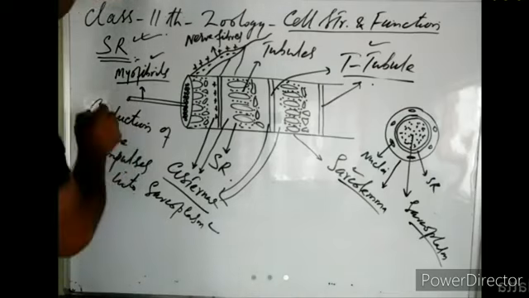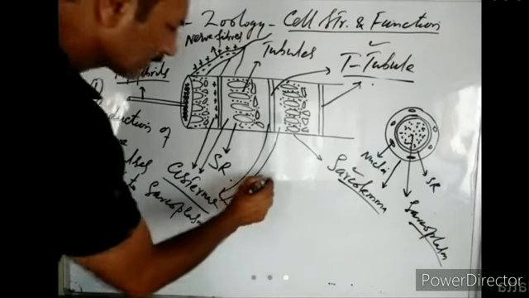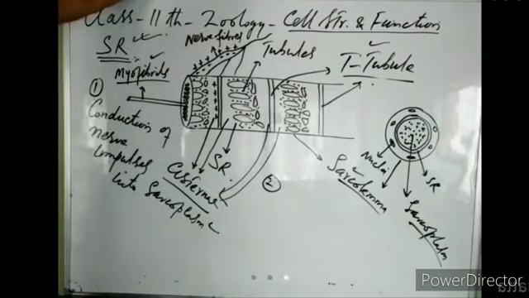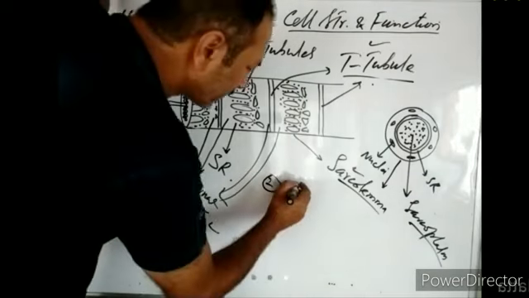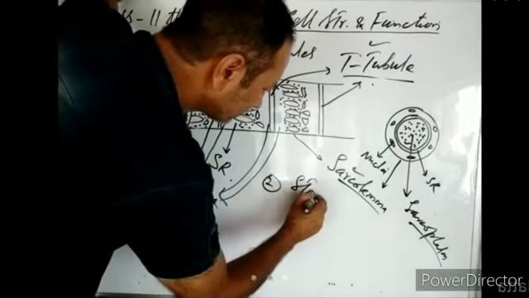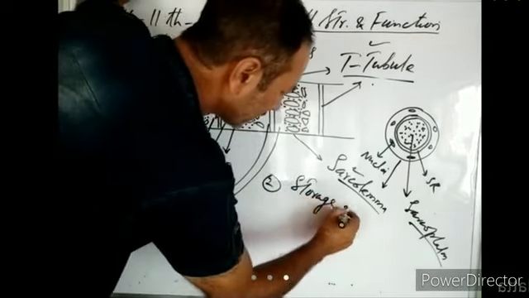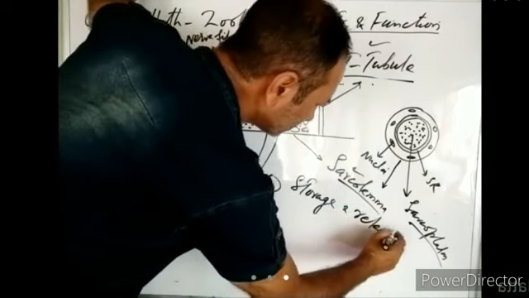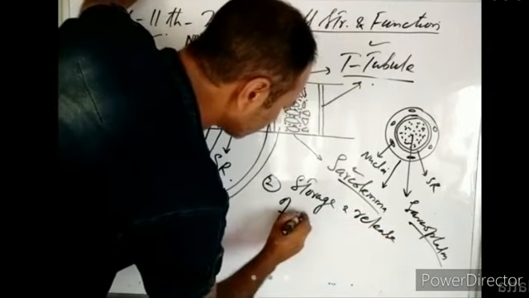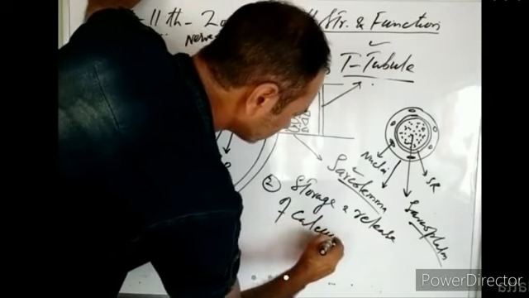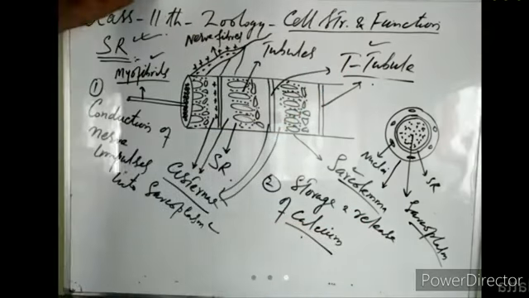Second function: this sarcoplasmic reticulum in muscle cells is involved in storage and release of calcium.